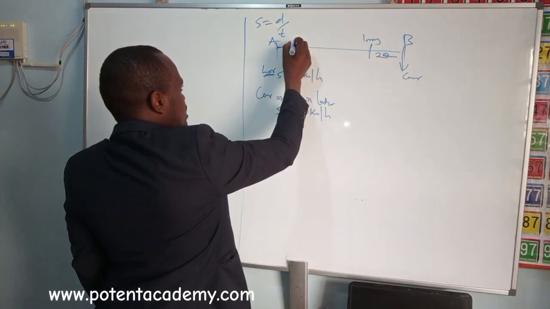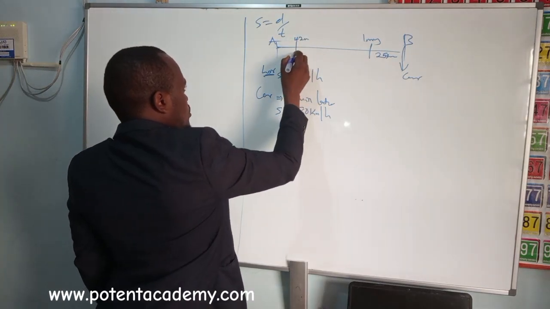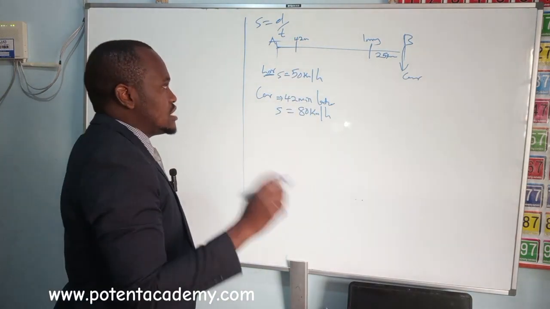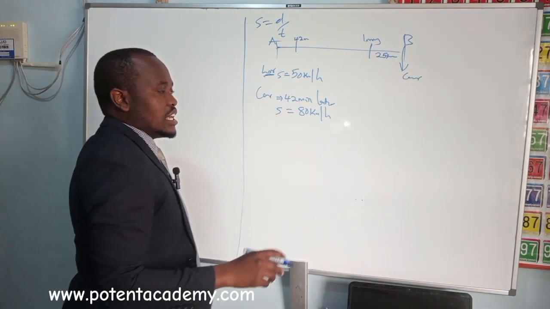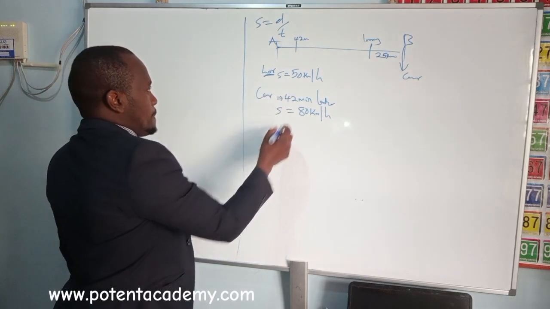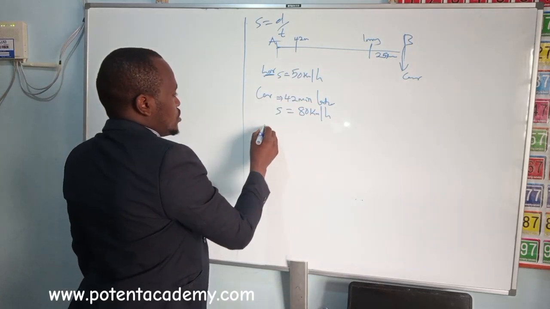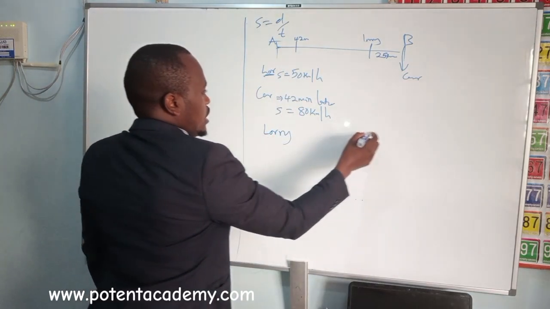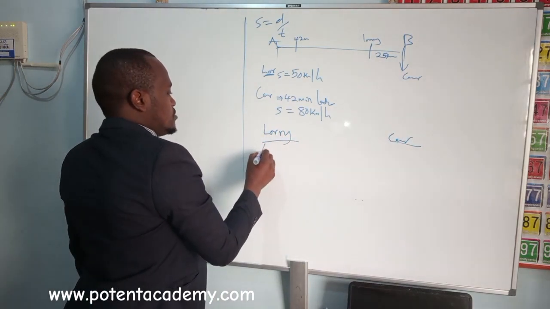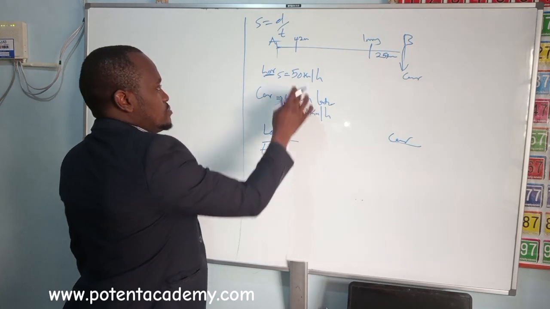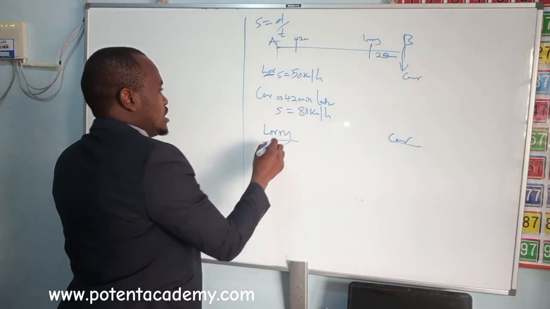After 42 minutes, what distance had the lorry covered? So we are at the lorry, and then we have the car here. Lorry time, because the speed is given in kilometers per hour, we can convert.